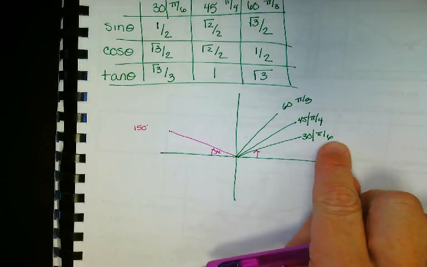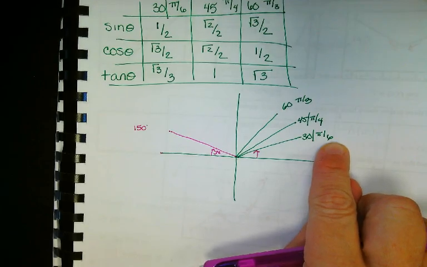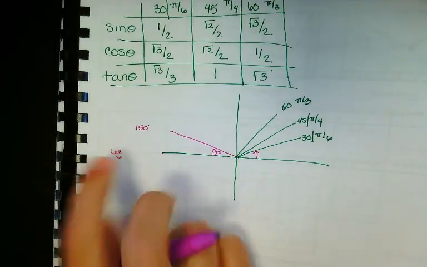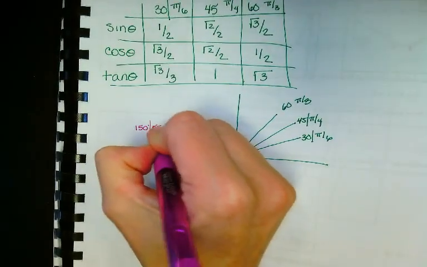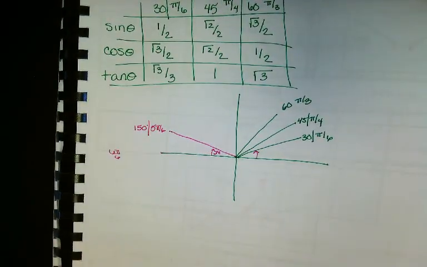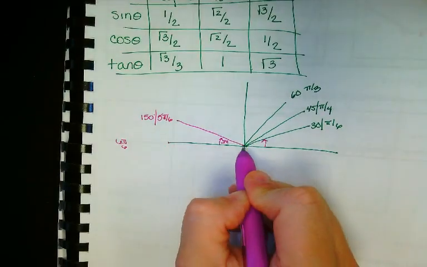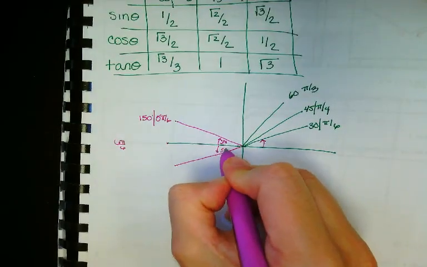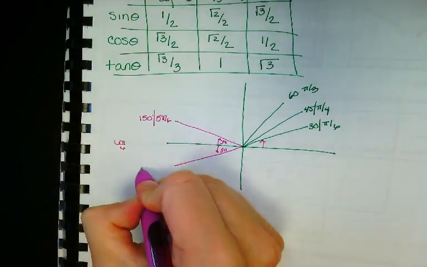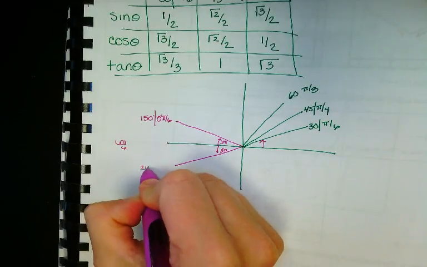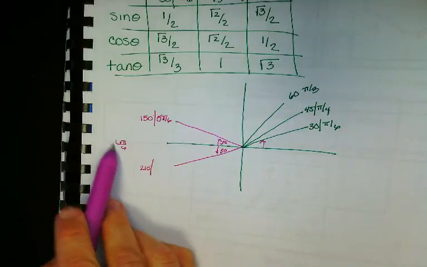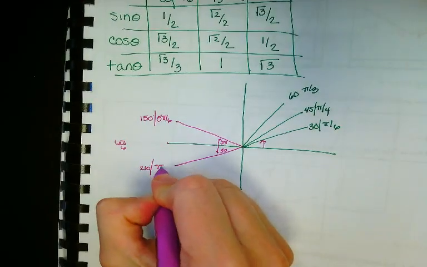Now, everybody is a pi over 6. 5 pi over 6, because I'm picturing 6 pi over 6 is equivalent to pi, which is going to make that 5 pi over 6. If I go 30 in this quadrant, so now I'm 30 bigger than 180, which makes that 210. That's how many pi over 6s? I want to be one more than 6 pi over 6, so that makes this 7 pi over 6.